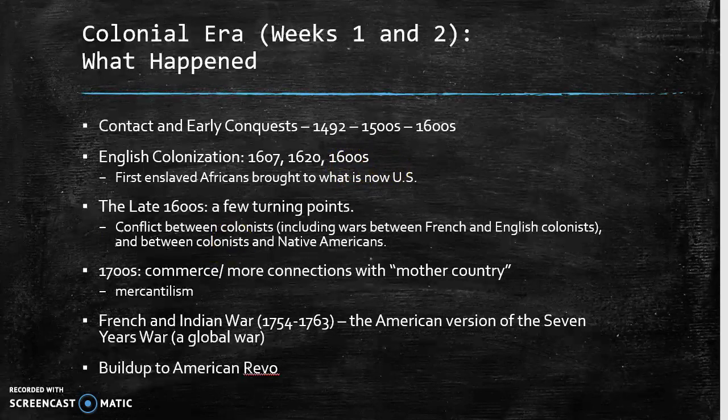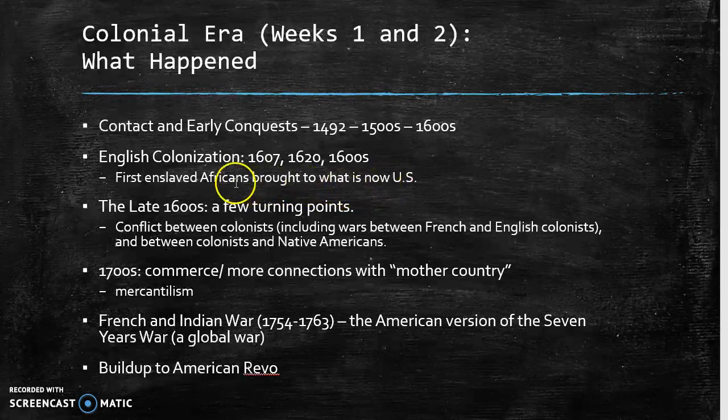I'll refer back to these dates in a couple of minutes, but just to remind you, this class is not about memorizing dates. Don't get too hung up on the memorization of dates. It's more important that you have a general sense of the order in which things occurred. So, we're in the 1600s, early English colonization.